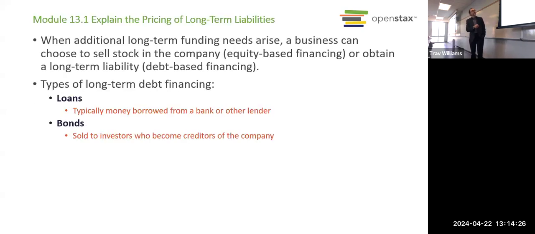All right, so as I mentioned, long-term liabilities could include loans, such as notes payable, and they can also include bonds. What type of an organization can issue bonds? Can just any organization issue a bond? So corporations can issue bonds. And government entities can issue bonds.